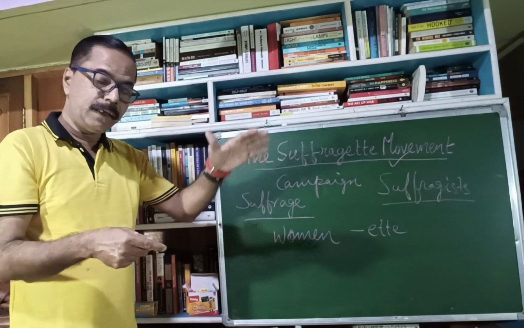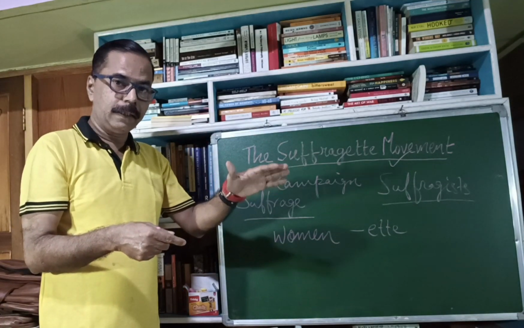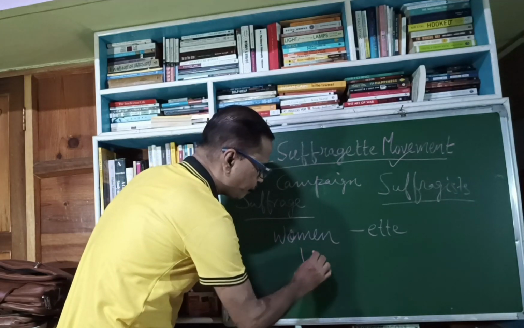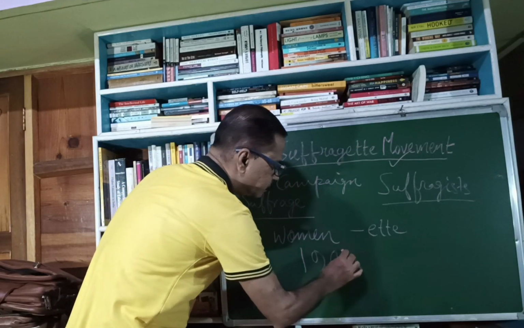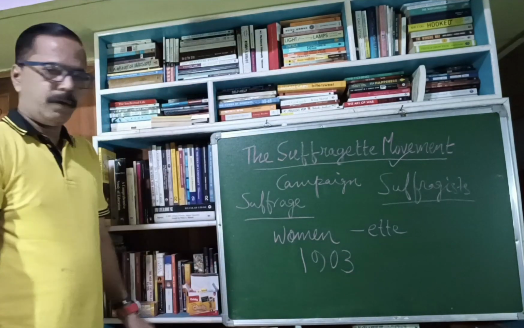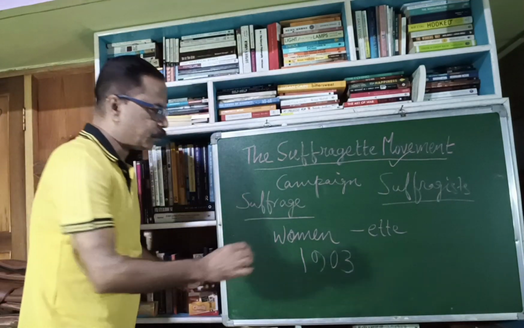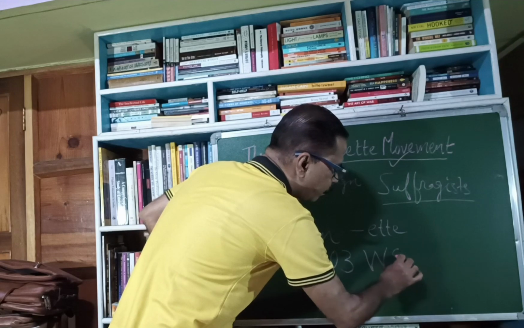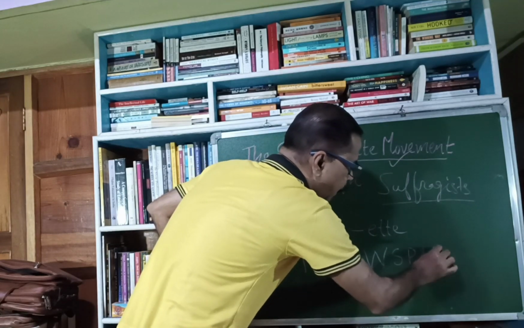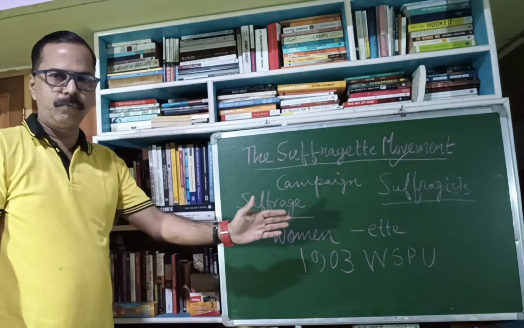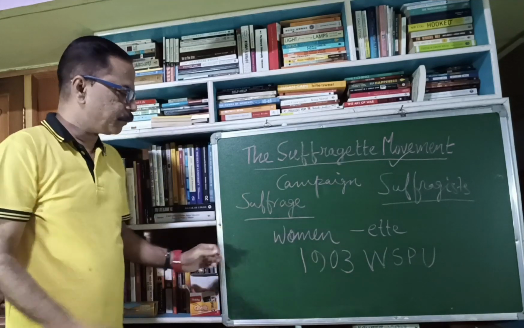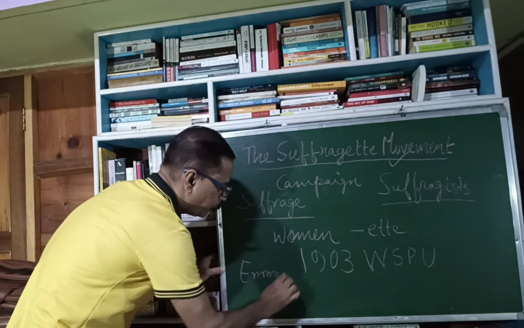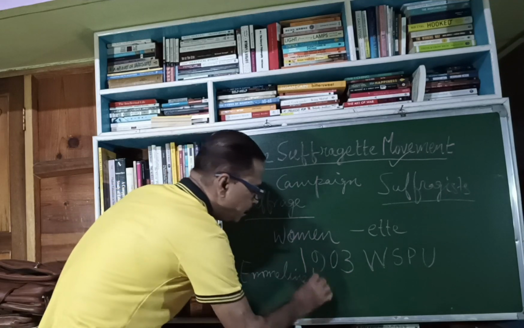So come the 20th century, there came a change. In 1903, this organization, the Women's Social and Political Union, was formed in the UK by Emmeline Pankhurst, a very important name.